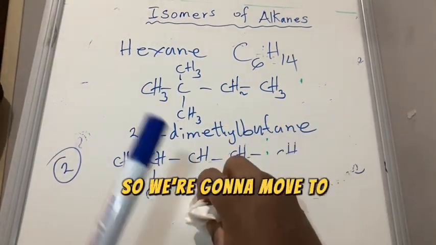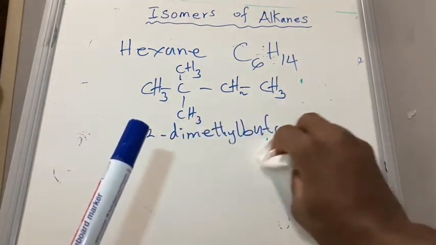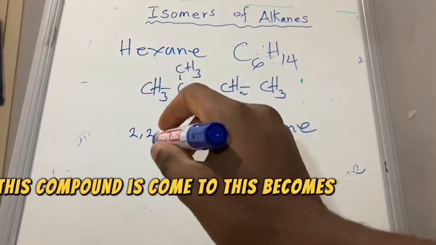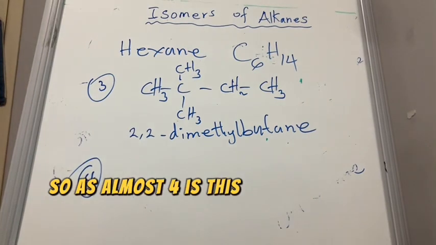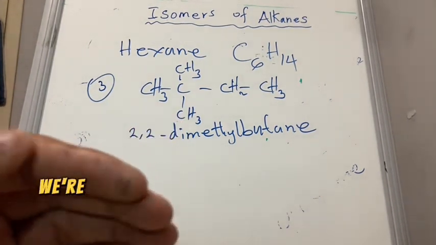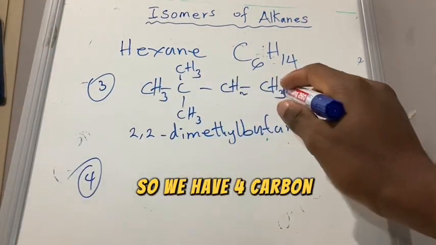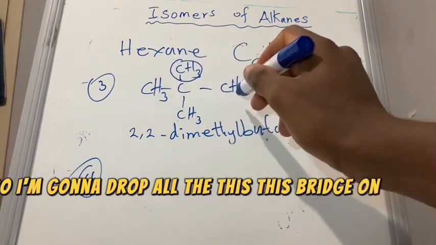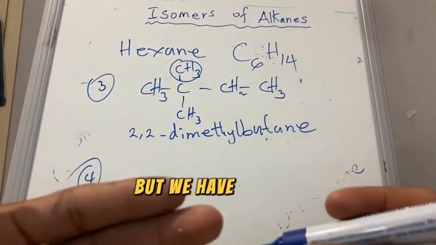So we're going to move to the next compound. This becomes isomer 4. We're going to look at isomer 3. So we have 4 carbon. I'm going to drop this branch on this side, making it look different, but it will be the same.